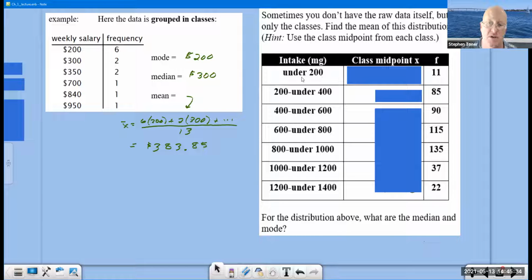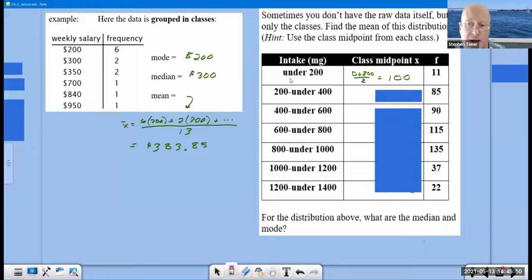Now, for this first class, the class midpoint is going to be 100. And that's found, if you remember your definitions from chapter 2, by taking the lower class limit from this class.